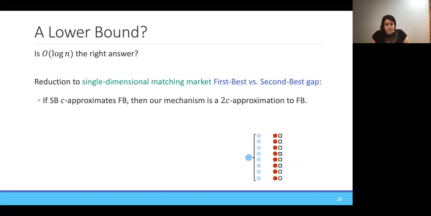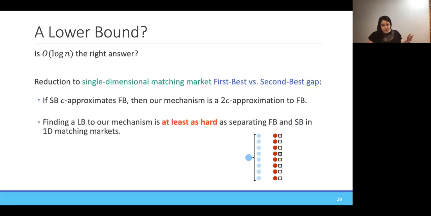Right now, it's a log n approximation to second best gains from trade. But if there's a C approximation for a constant for anything, whatever C is, then our mechanism is a 2C approximation. So if you think that first best and second best are constant factor apart in the single dimensional matching market, then you think that our mechanism is a constant factor approximation.